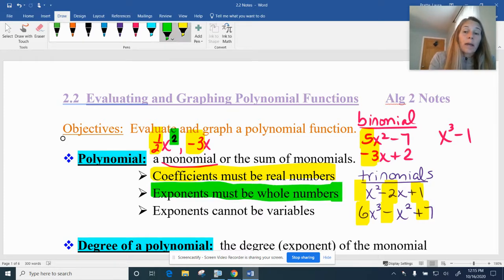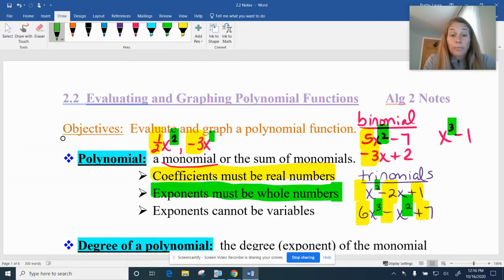So notice that my exponents here are all positive numbers, which means that they're whole numbers. If they're negative, they're not called whole numbers, they're called integers, so that wouldn't count. Now, even this one here, there's no number there, but remember, if the x does not have an exponent, it's really a 1, okay? And exponents, of course, cannot be variables. They cannot be radicals, variables, anything else other than just positive whole numbers, okay?